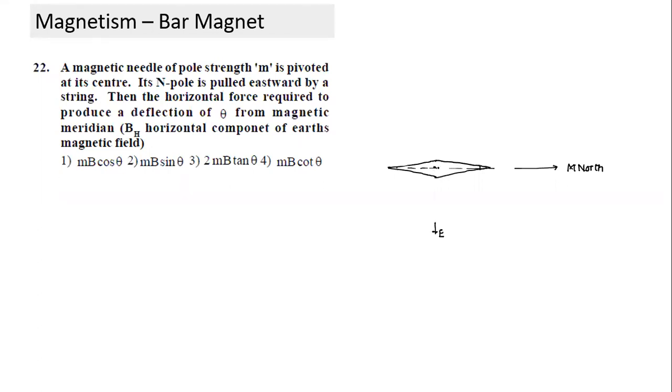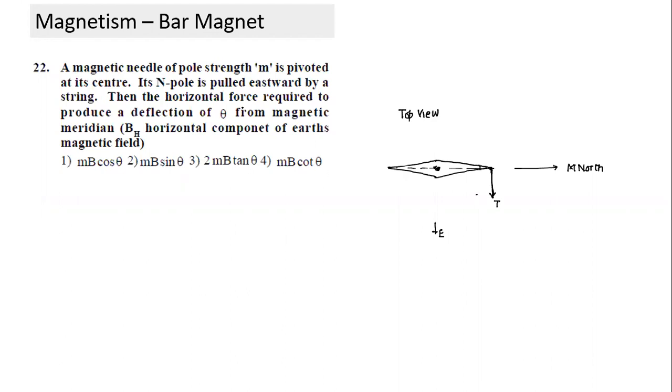So what we do here, it is free to rotate, and this is the top view. If I look from the top, this is what it looks like. This is free to rotate. So you can imagine I tie a string and pull it like this. And you can visualize that if the tension is very small, it will rotate by a smaller angle and come to rest. If the tension is more, it will rotate by a higher angle.